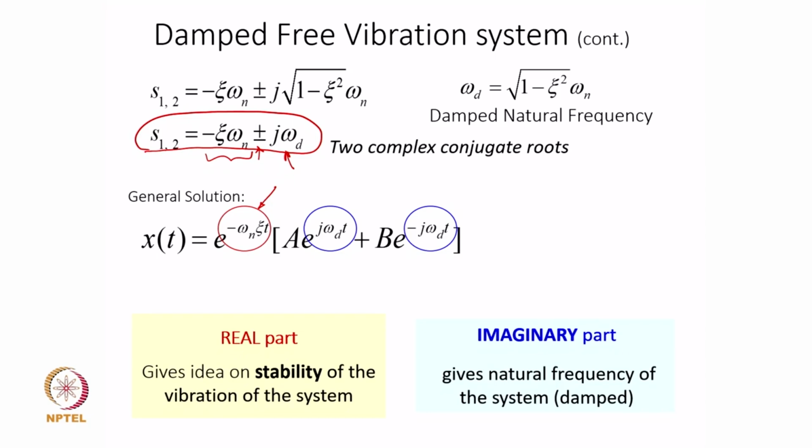It is not only for getting the natural frequency estimation, because the complex eigenvalues or complex roots will give you an idea of the natural frequency of the vibratory system, but the real part gives us an idea about the stability of the system.